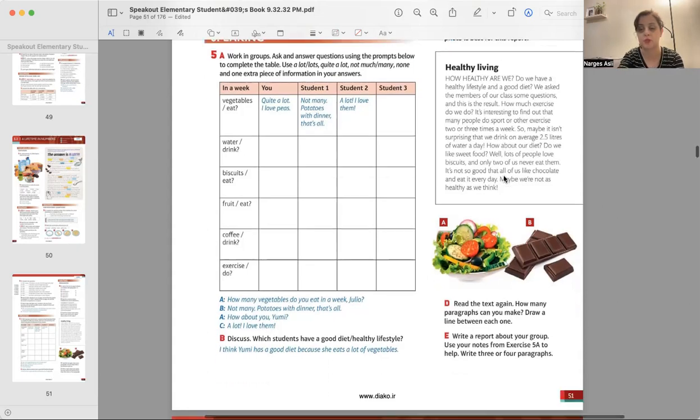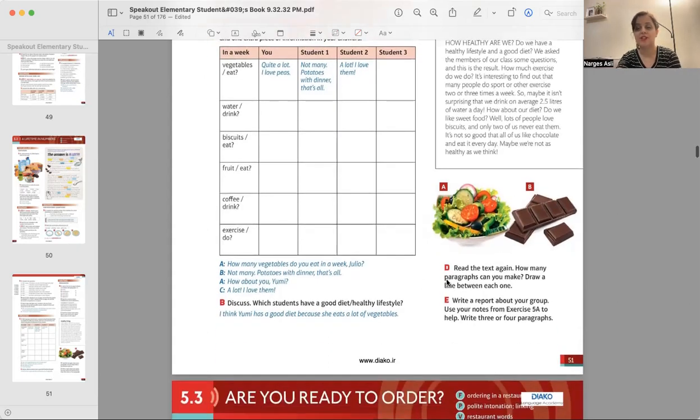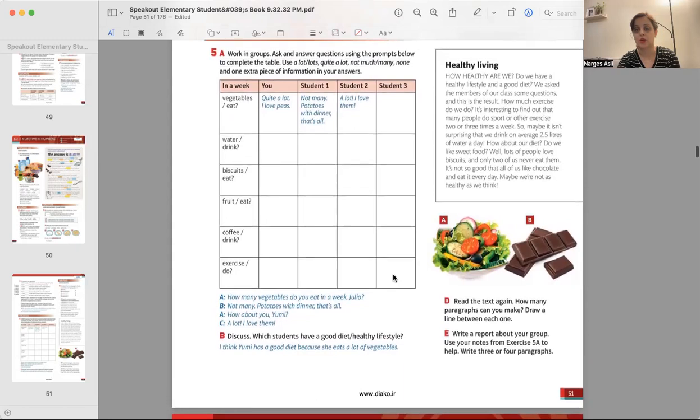So photo B fits. Look at the next question. Read the text again and how many paragraphs can you make? Draw a line between each one. Do we have a healthy lifestyle and diet? We asked some questions and this is the result. How much exercise do we do?